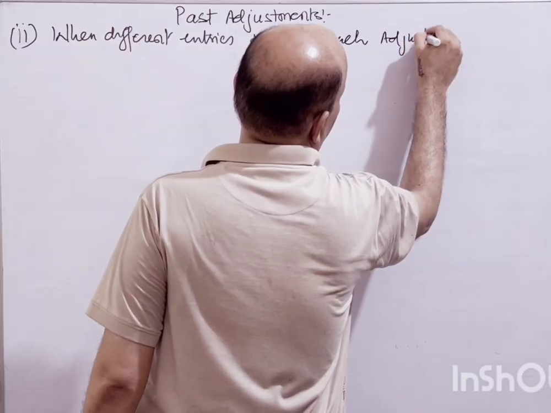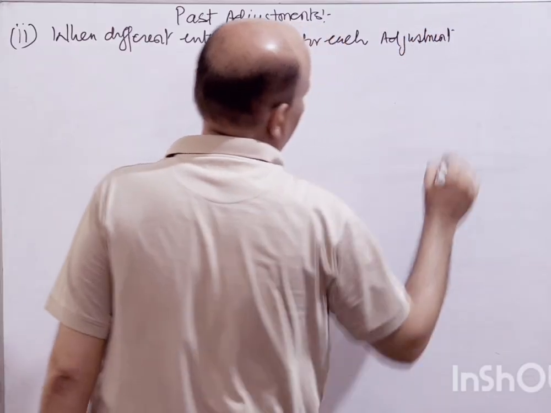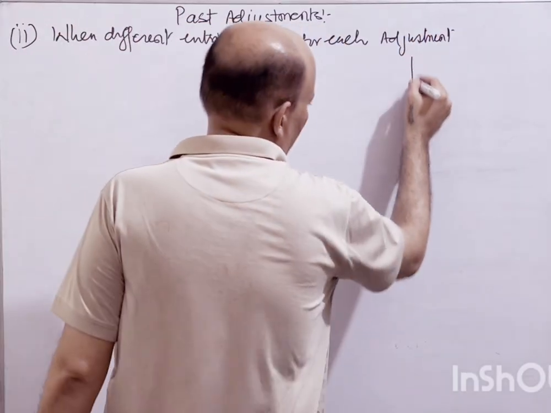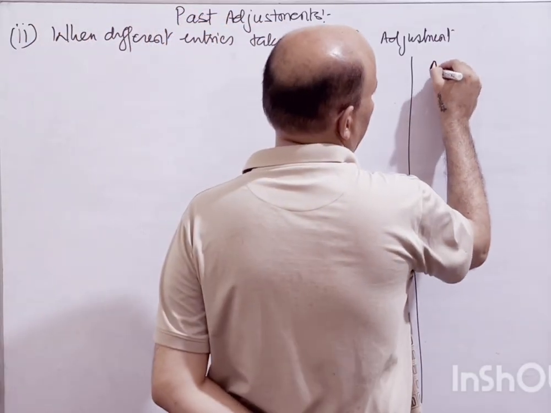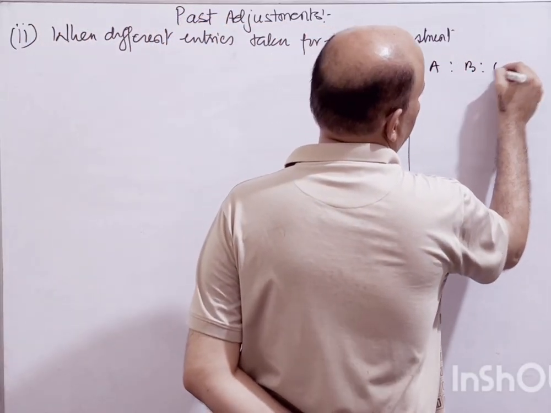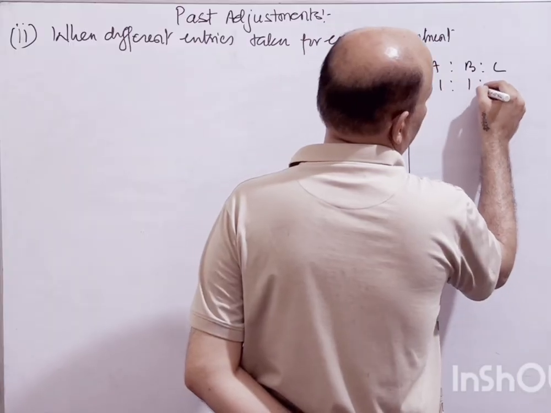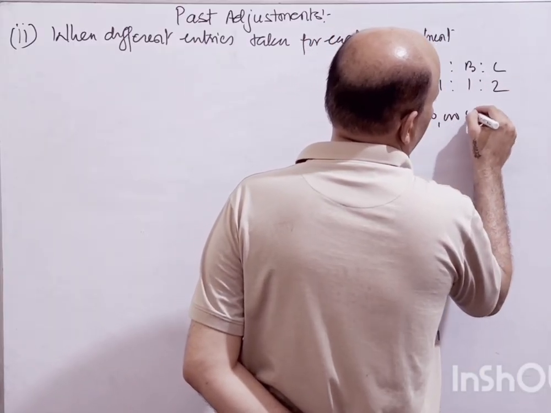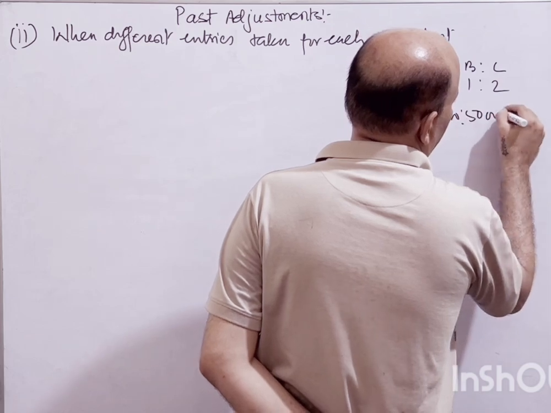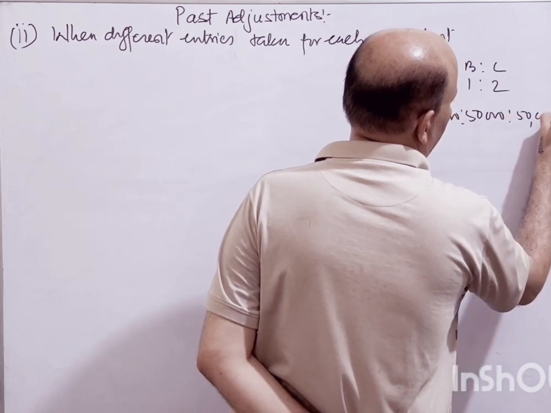Now for each adjustment what you have to do is you have to take the entry. Now मैं आपको इसमें से कुछ information दे रहा हूँ. There are ABC partners, A, B and C partner. 1:1:2 is the ratio. Their capital is 1 lakh rupees, 50,000 rupees and 50,000 rupees, right?